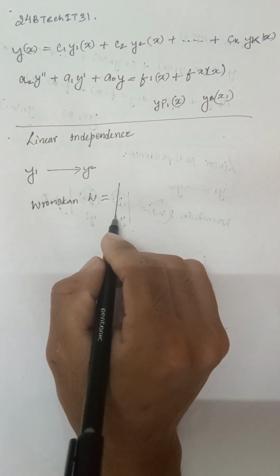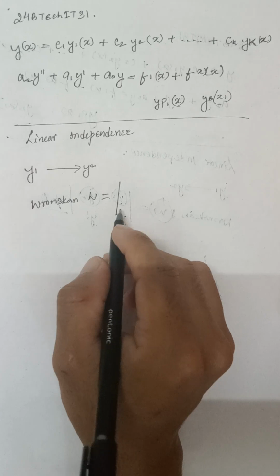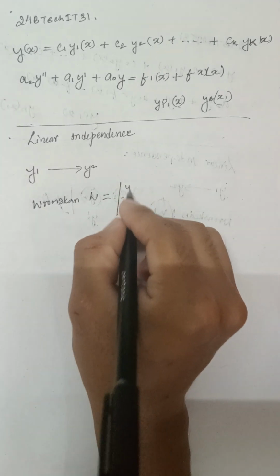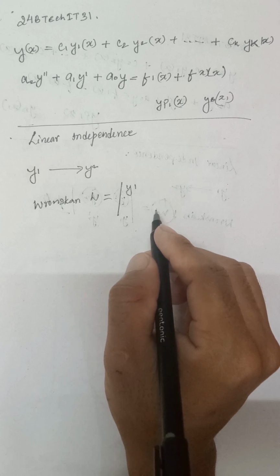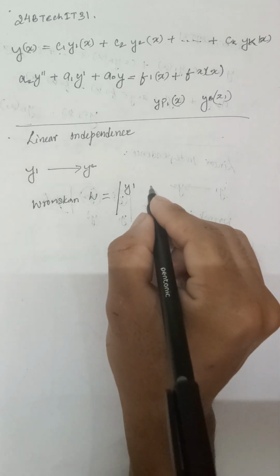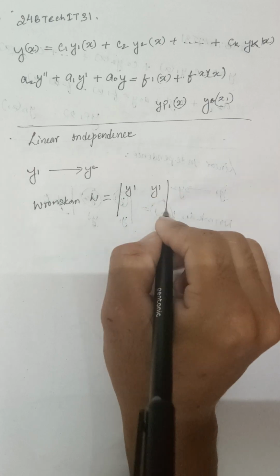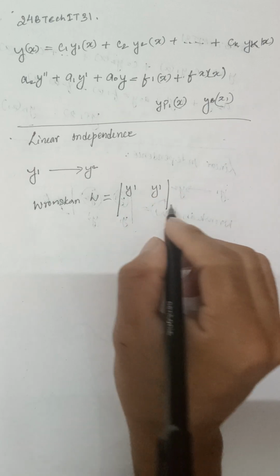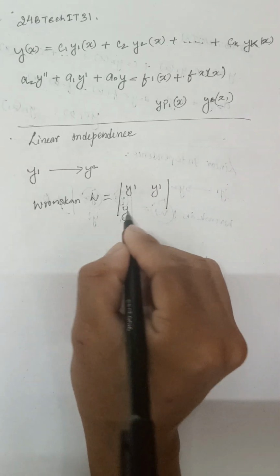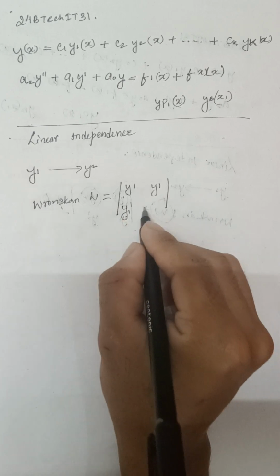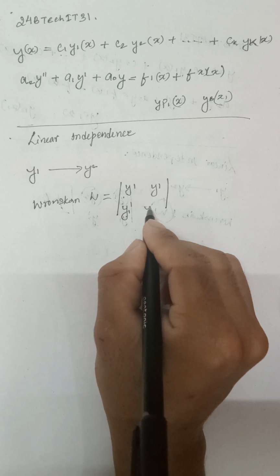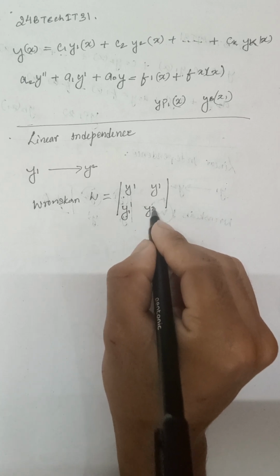We will have the first row as y1 and y2, and the second row as y1 prime and y2 prime.